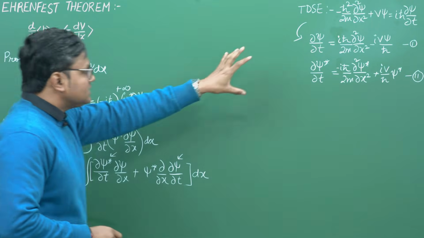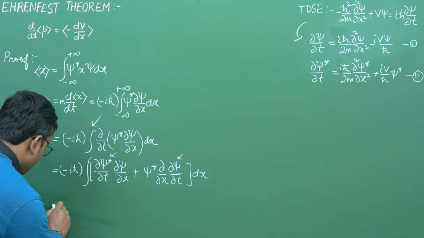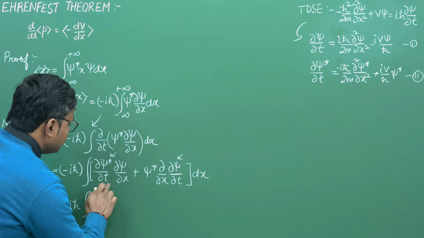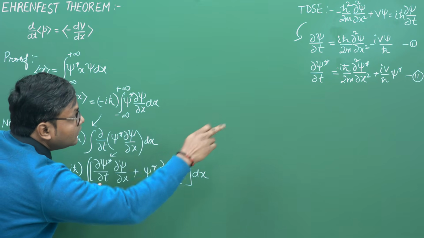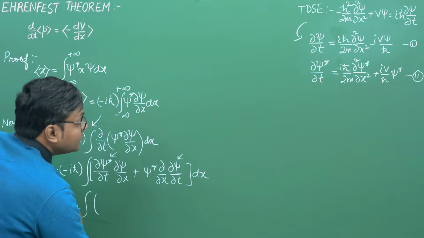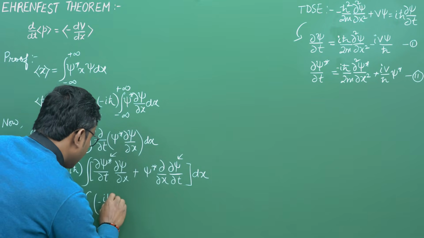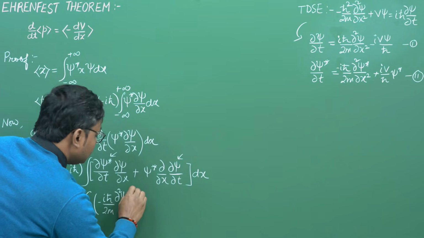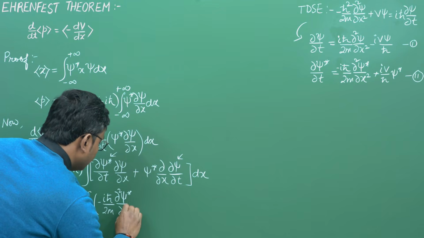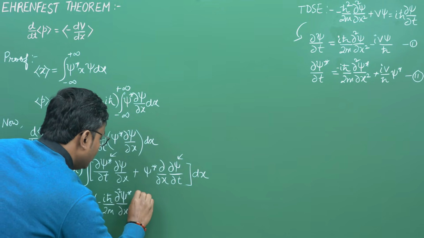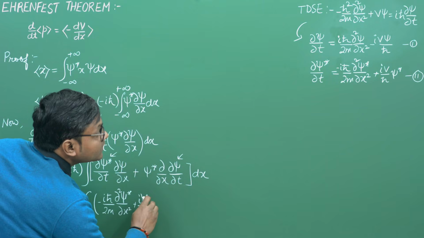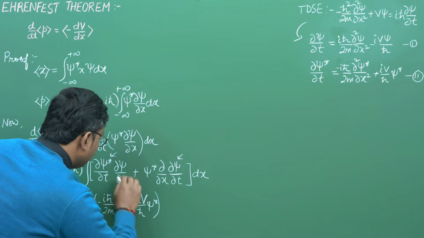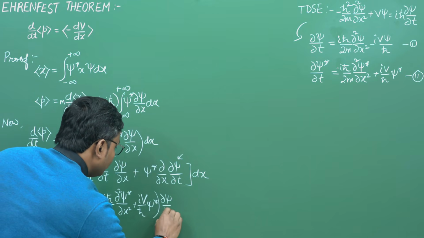All right. So now if I substitute them here in these two places, this simply gives us minus iota h cut integration of del psi star upon del t is point number 2. So here I have, let's say I put it in a bracket, minus iota h cut upon 2m del 2 psi star upon del x2 plus iota capital V upon h cut, you have psi star, and then bracket close del psi upon del x.